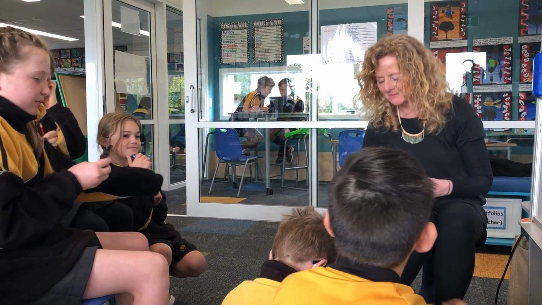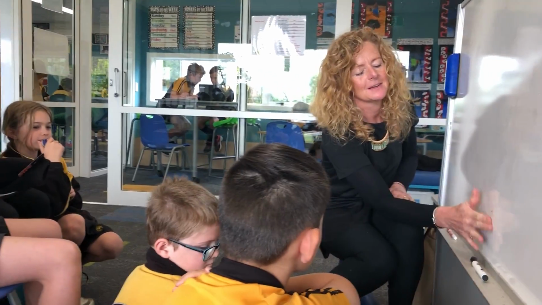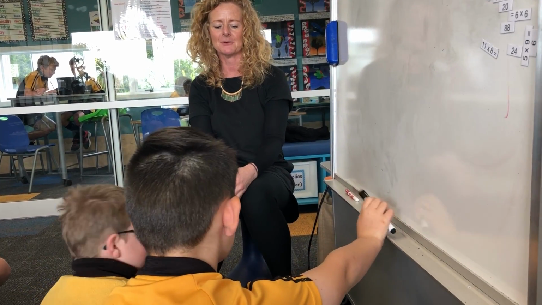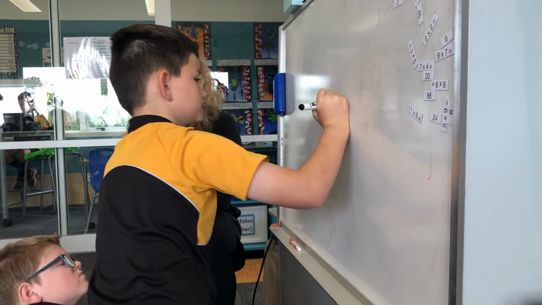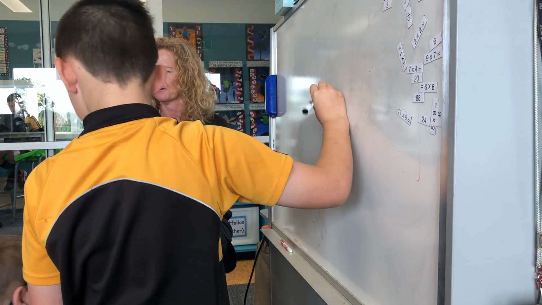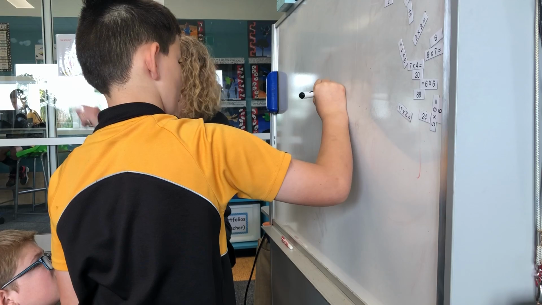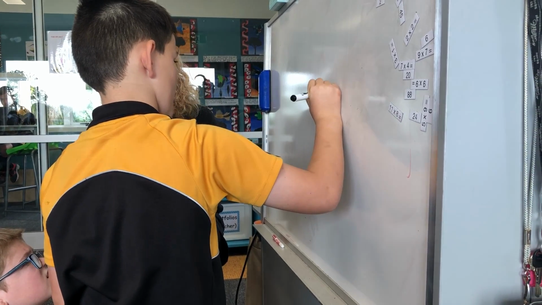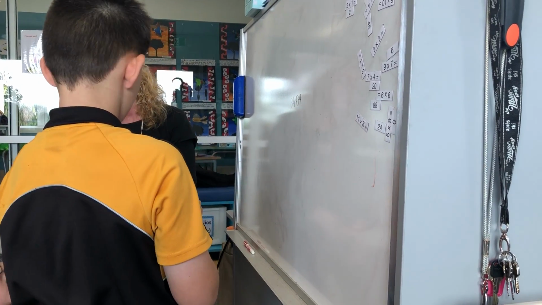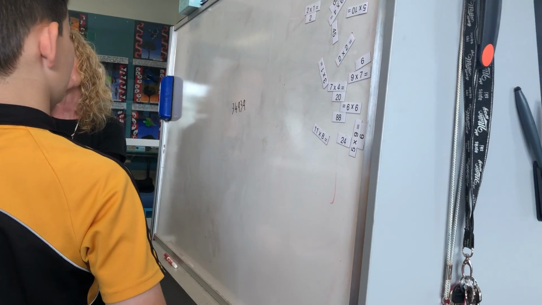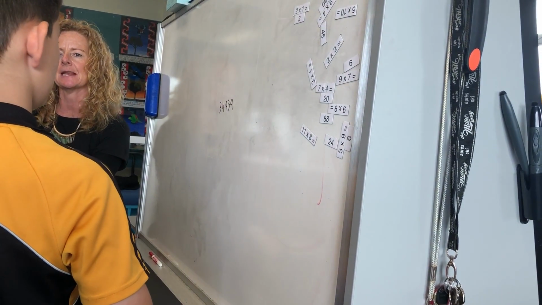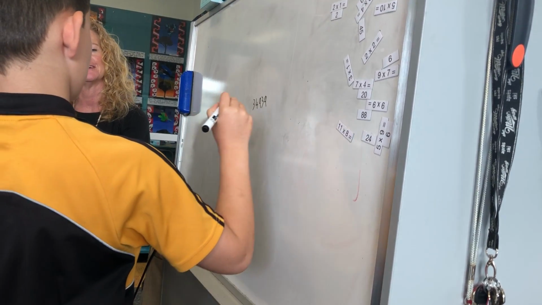Okay, so Donovan's our writer. So Donovan, could you write the numbers that the kids give you? Start with yours. And we're going to put them in a line. 4, 9, 3, 9. Okay, so Donovan, could you put a decimal place in that number so that it shows that we've got tenths and hundredths? Where would you put it?